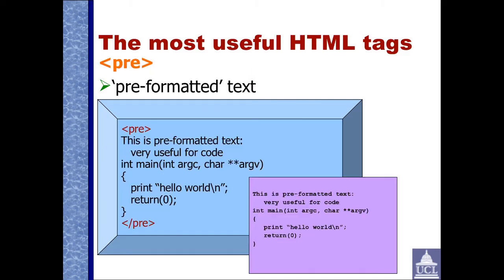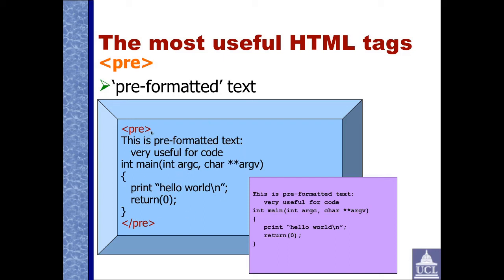Another useful tag is the pre tag. So this is used for pre-formatted text. So in this example, normally with other tags, line breaks are completely ignored. So all this would just appear on a single line.